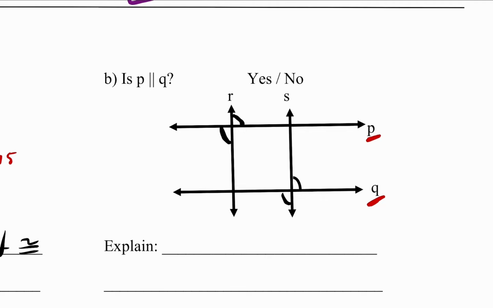Vertical angles would tell me this angle and this angle would match. But I don't know anything else. I have no other information. So taking a look here, no, there is not enough info.